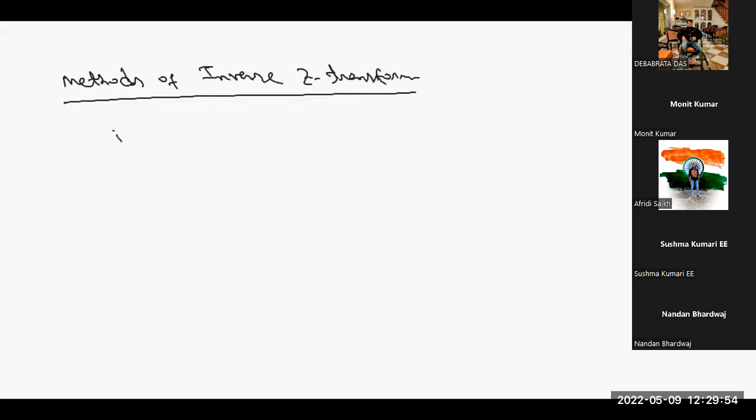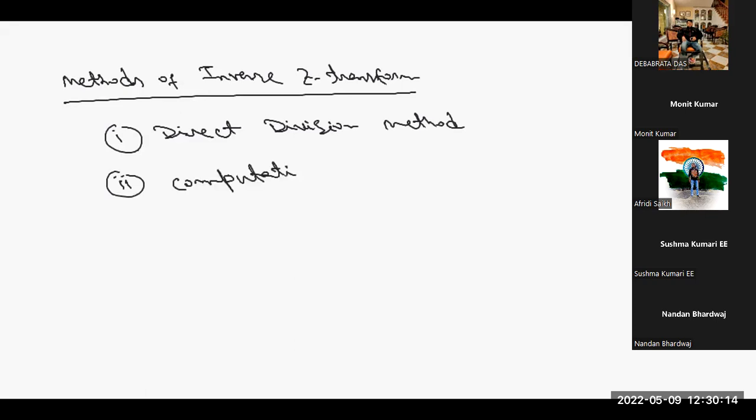Number 1, direct division method. Number 2, computational method.